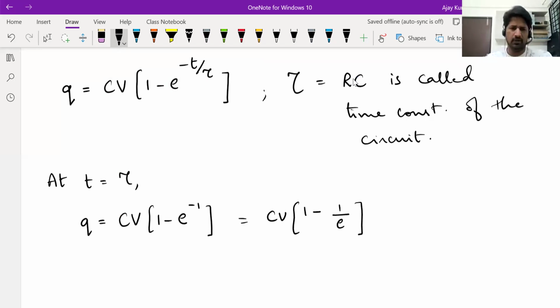Can any of you tell me the approximate value of 1 by e, up to 1 or 2 decimals? Okay, it will be useful if you remember that value.